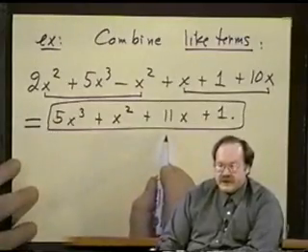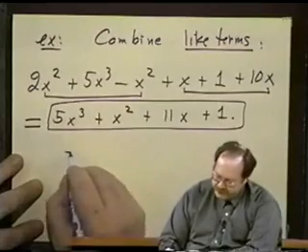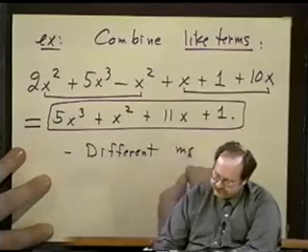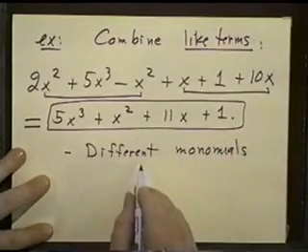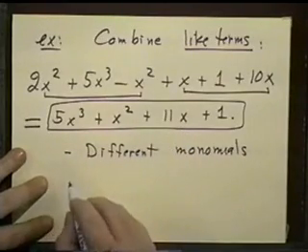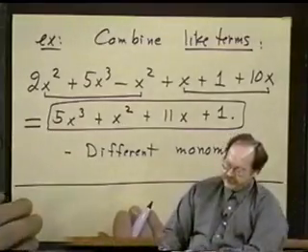Unless I know more information, this is as simple as I can make this expression. All right. This is now reduced to different monomials. Because if any of them were like, I could have added them. And that's what we wanted to do at that point.